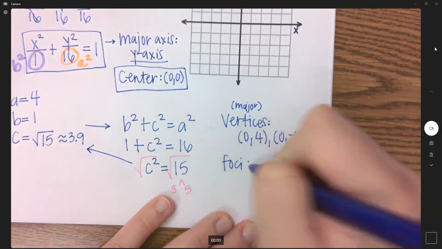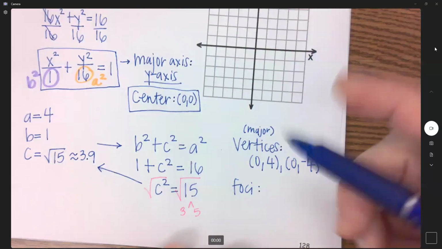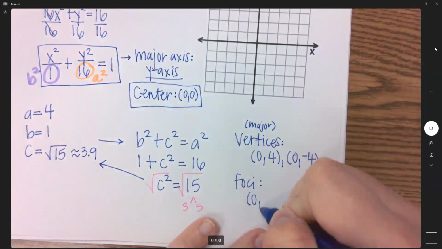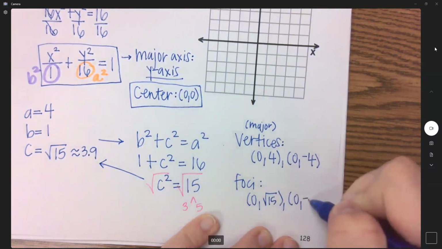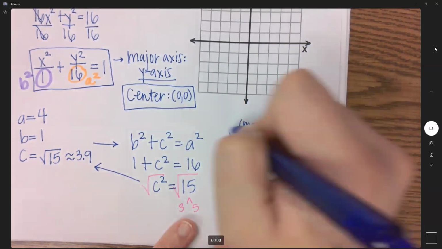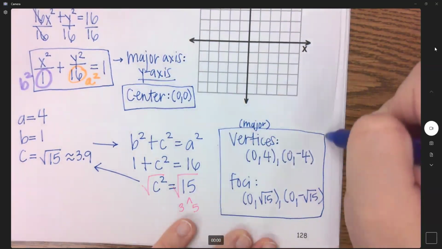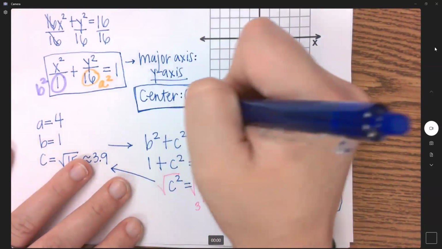And my foci are at 0, negative c, and 0, c. We will get 0, negative square root 15, and 0, square root 15. Let me make these a little bit more bold.